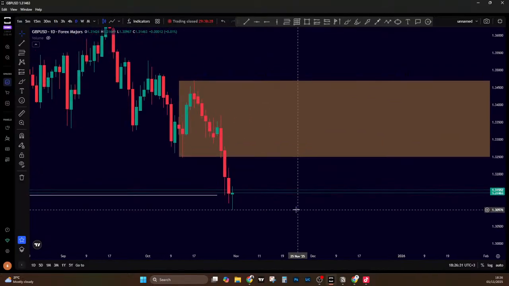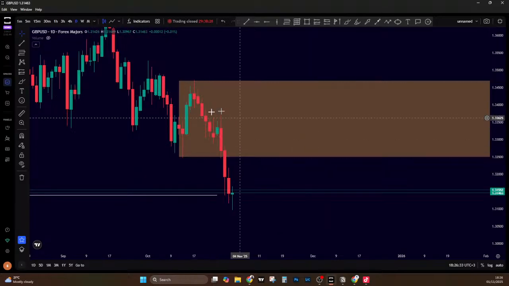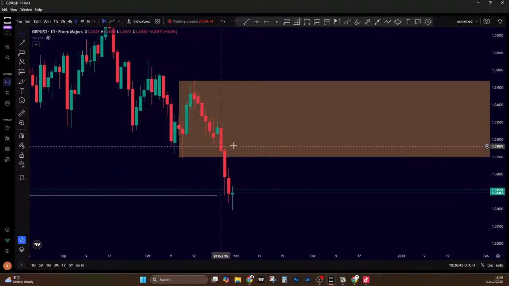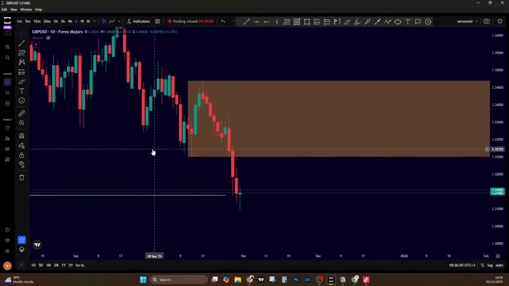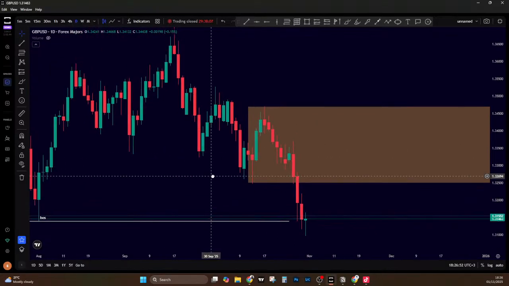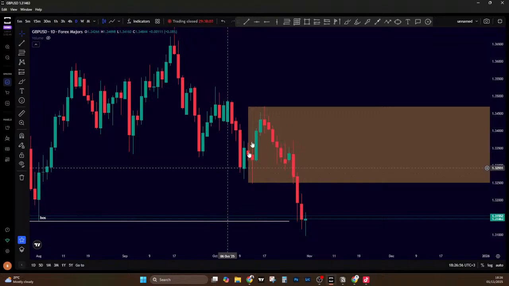So what we need to do is to come here and try to refine this entry of ours. The first thing I would do is that I would want to refine this entry here to this breaker block.